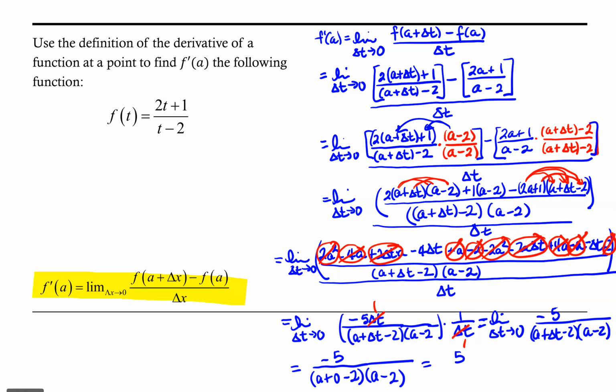So we end up with negative 5 over the quantity a minus 2 squared. So what we've found is that f prime of a for this function is equal to negative 5 over the quantity a minus 2 squared.